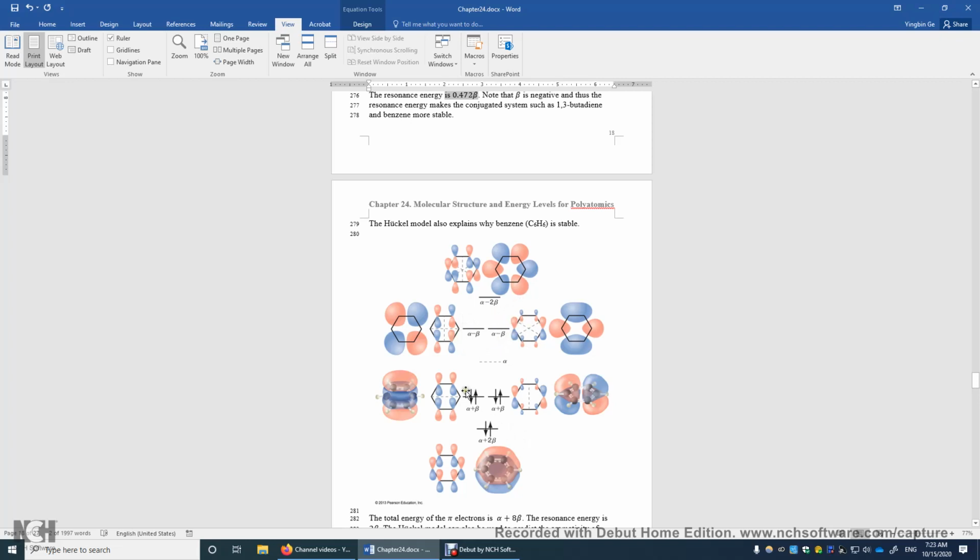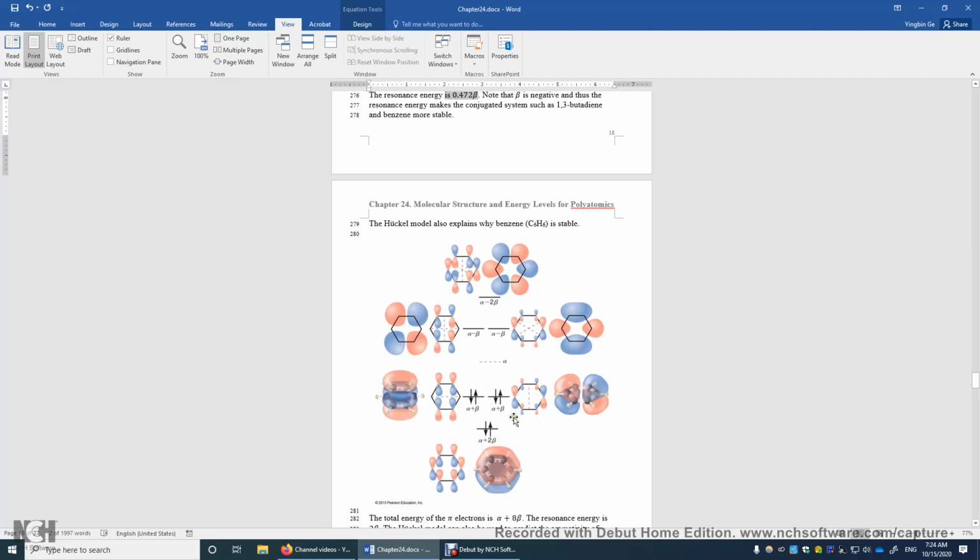We always place electrons in the lower energy orbitals first. That's how we do it. And then you can calculate the total energy of these 6 pi electrons. It's alpha plus 2 beta times 2, and then alpha plus beta times 2, and then alpha plus beta times 2.